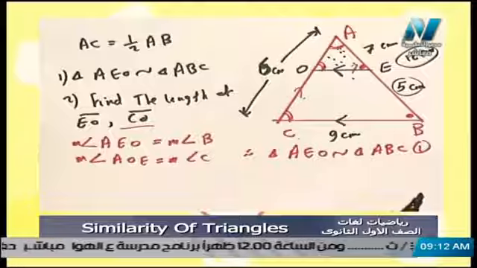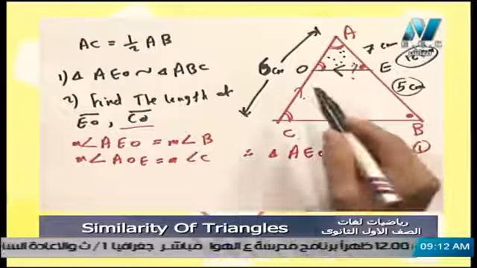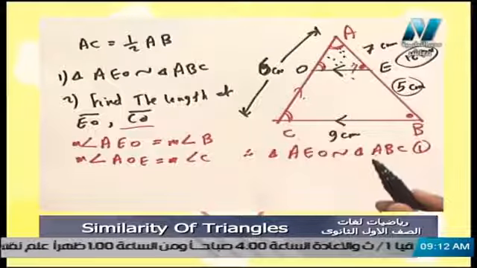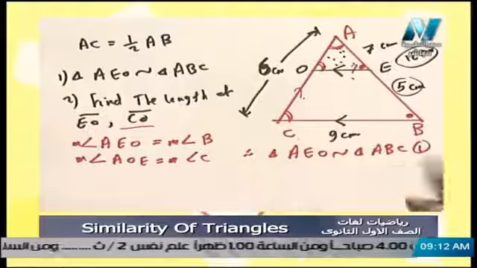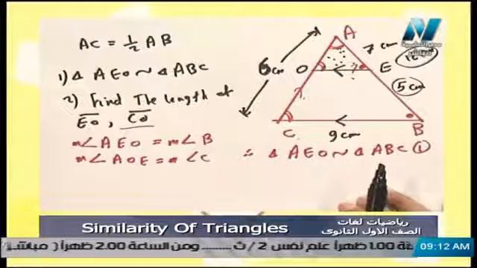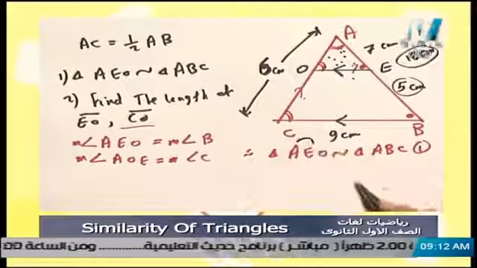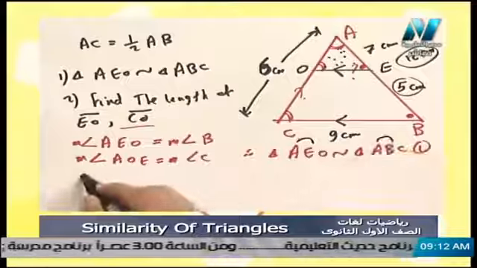After that, to find the length of OE and the length of OC, we will apply the similarity, which is the ratio AE over AB.